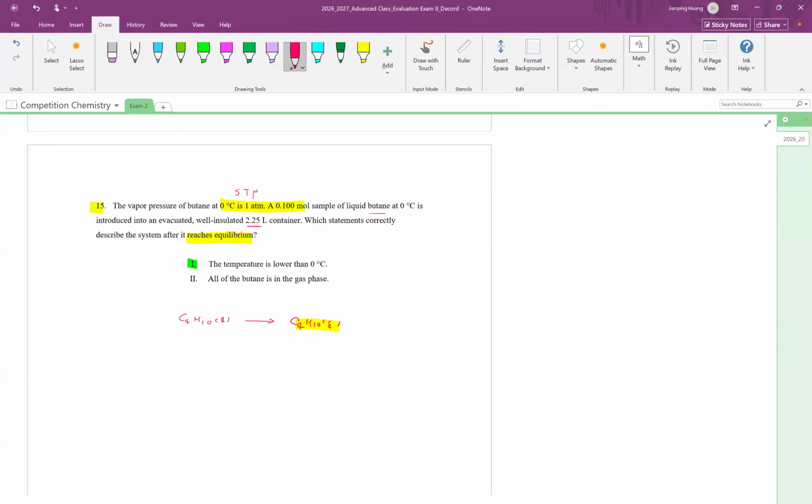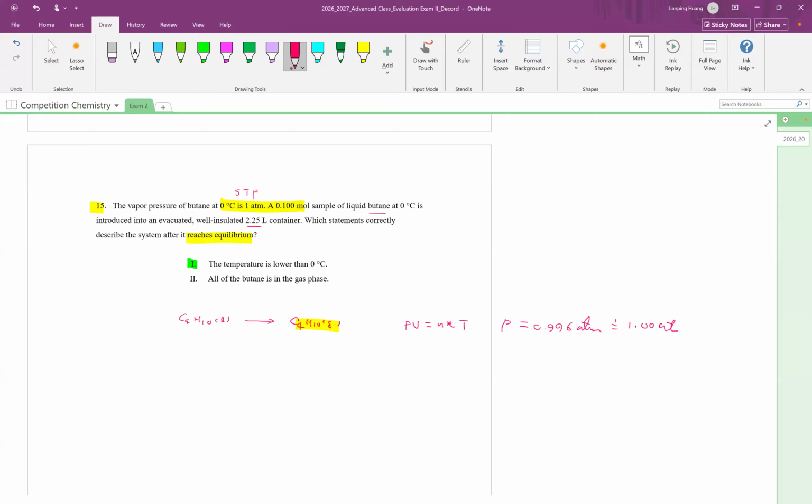Then I can calculate with PV equals nRT. What's the P? What's the pressure? If you do that, you get 0.996 atm. So basically, it's just like 1 atm.